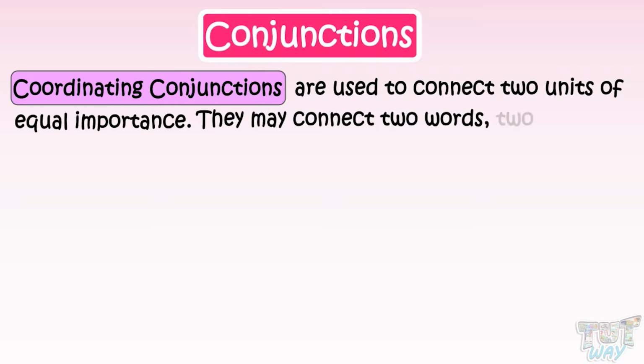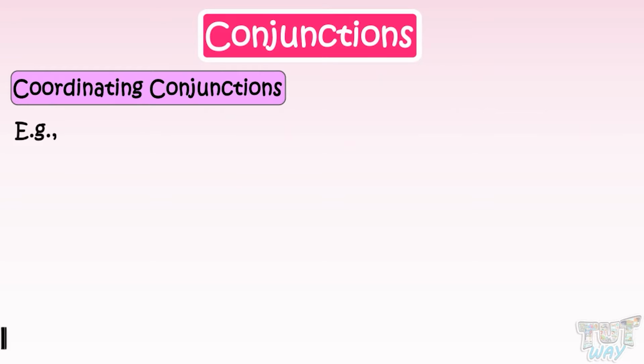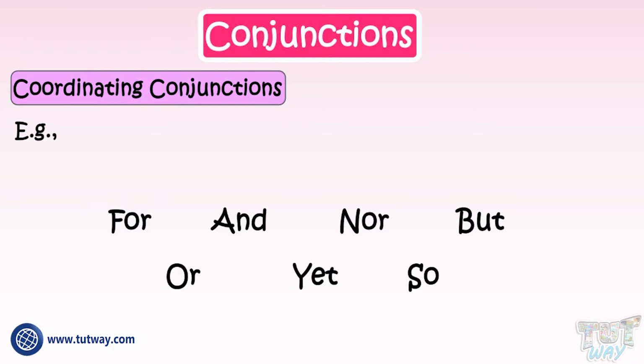They may connect two words, two phrases, two independent clauses, or two dependent clauses. Conjunctions like for, and, nor, but, or, yet, and so fall in the category of coordinating conjunctions.